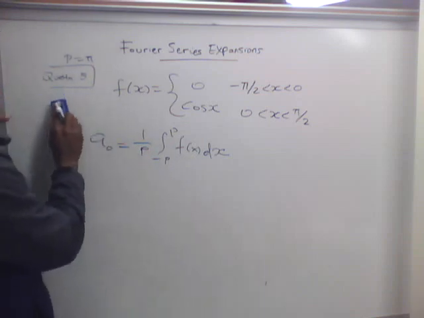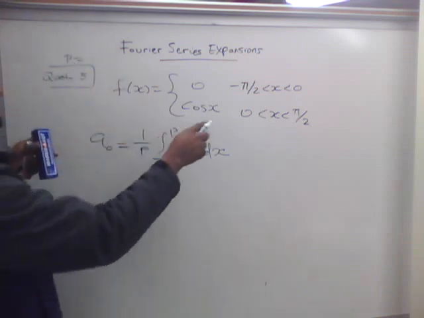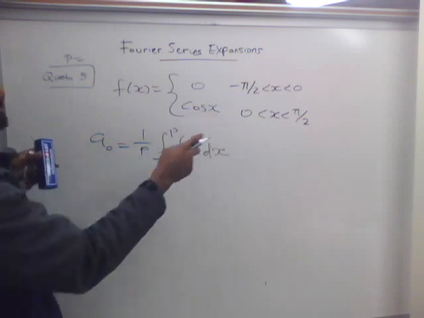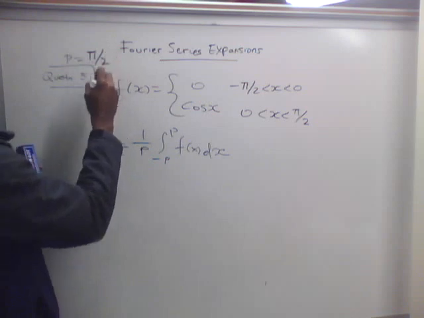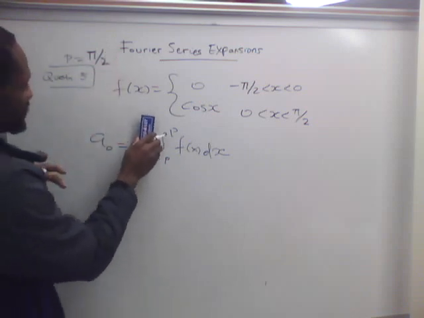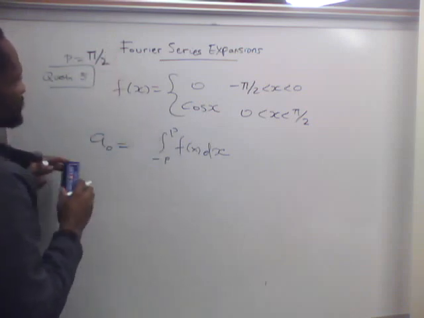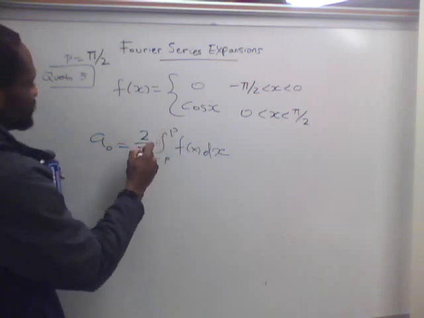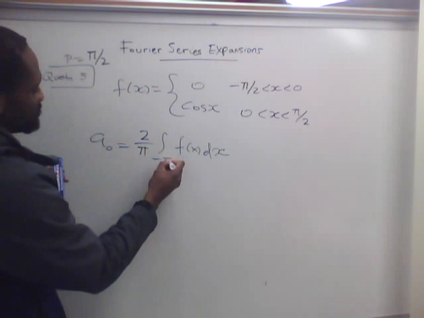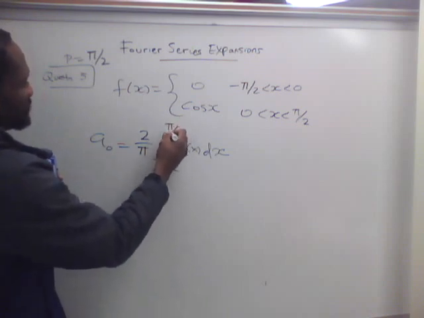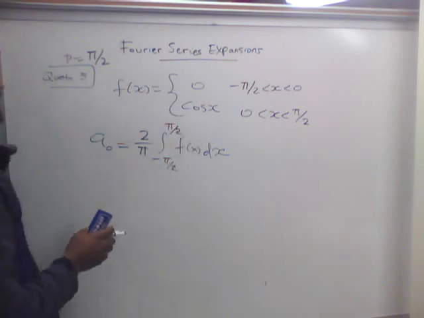Identify my p. 2p is pi, so p is pi over 2. So I can write this as 2 over pi, integral from negative pi over 2 to pi over 2, f of x dx.